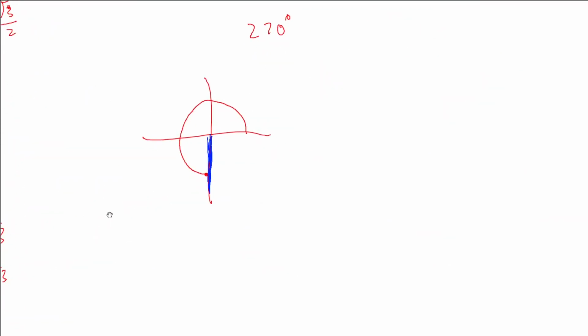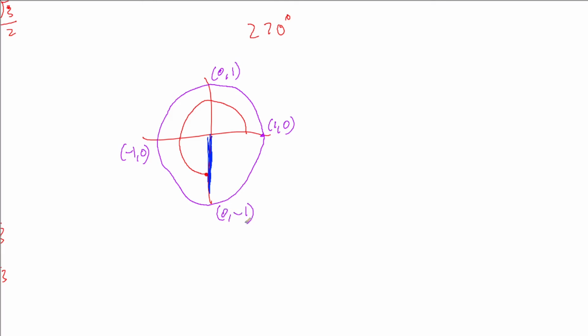Okay, so if I put on a quick unit circle, and think about it, this is the coordinate 1, 0, this is the coordinate 0, 1, this is the coordinate negative 1, 0, and this is the coordinate 0, negative 1.